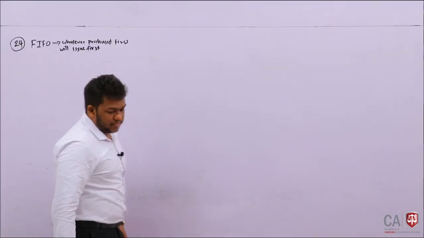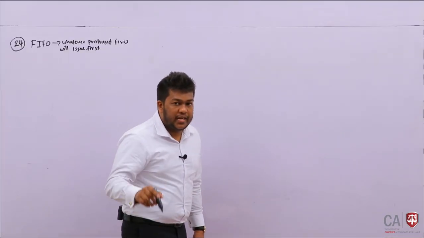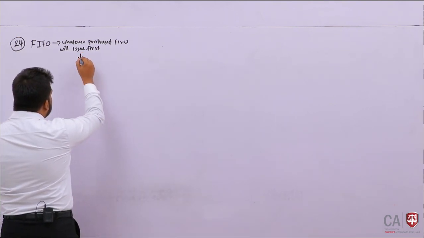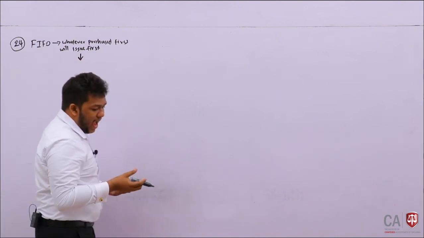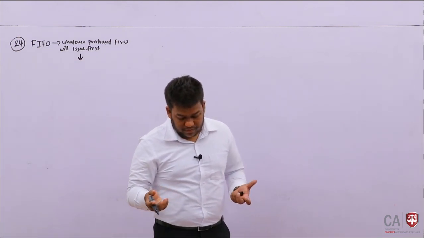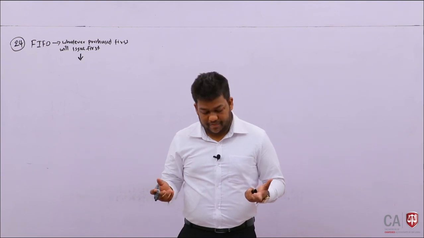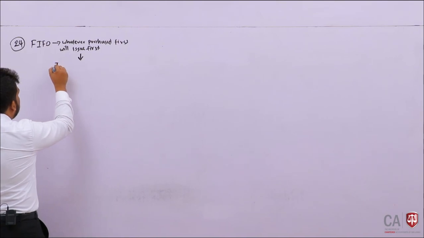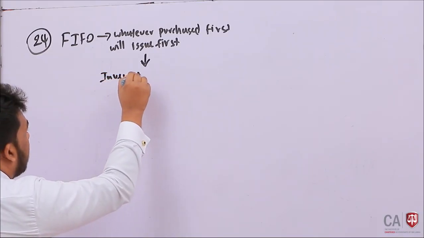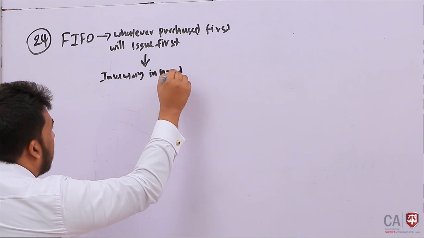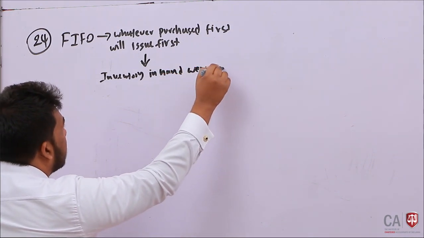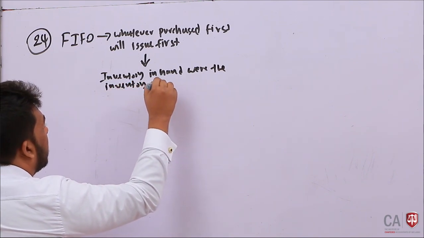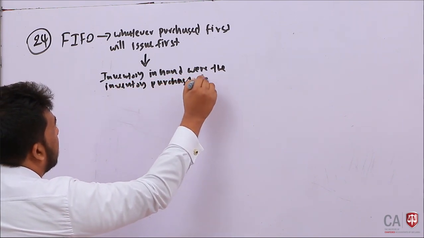Issue first. So normally in FIFO, whatever the stock will be in hand, will what happen? Inventory in hand is the inventory purchased later.